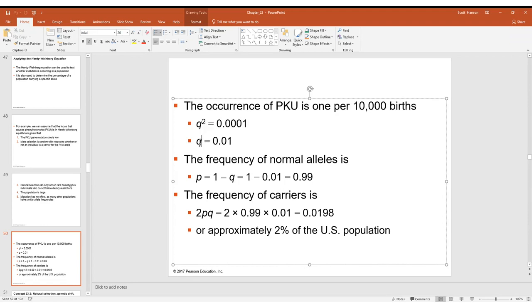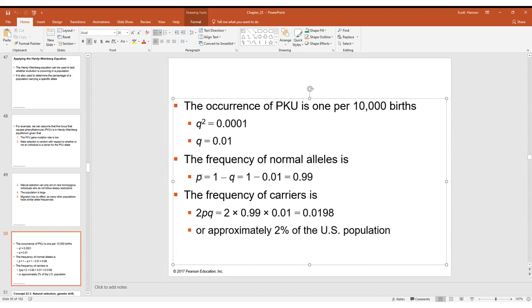And from the proportion of Q in the population, we can easily calculate P in the population, because everything has to add up to 1. So P would actually equal 1 minus Q. So it's simple algebraic manipulation of the equation P plus Q equals 1.